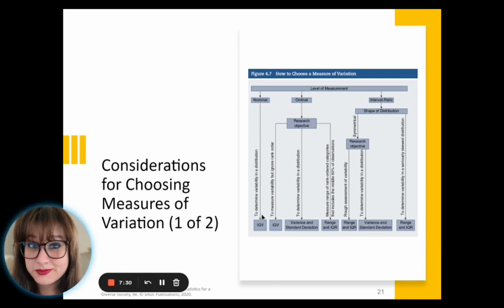If it is a nominal value, you're going to choose this IQV, because it's really helping you understand diversity and variability in that distribution. That's why understanding the levels of measurement is so important, because this table helps you understand which option you're going to choose. If it's ordinal, remember, it's categorical, but it has an order to it. Think about what the purpose is as it relates to the research objective.